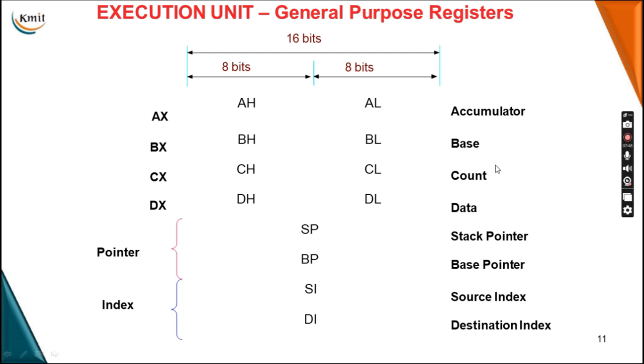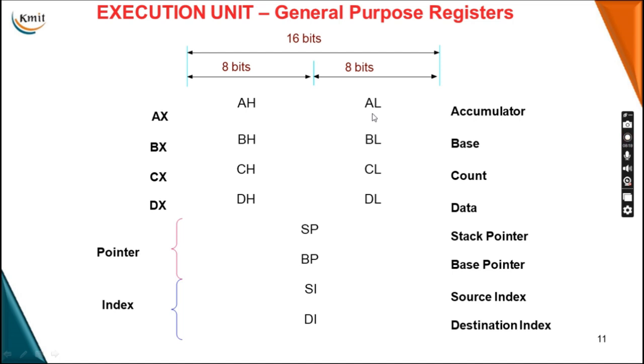These 16-bit registers can be split into two 8-bit registers. In one register you can store 8 bits, and in the other register you can store another 8 bits. Overall it is a 16-bit register which is split into two 8-bit registers.